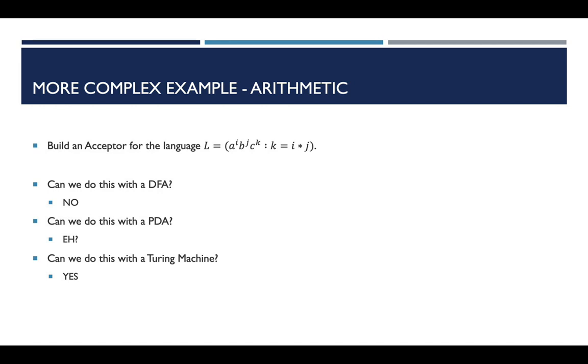So this is a very clear example of a computation that we can do with a Turing machine that we cannot necessarily do with a DFA. And even though it's just an acceptor, just answering the membership question for a specific language, it is a non-trivial language in that in order to solve the membership question, you also have to actually perform arithmetic.